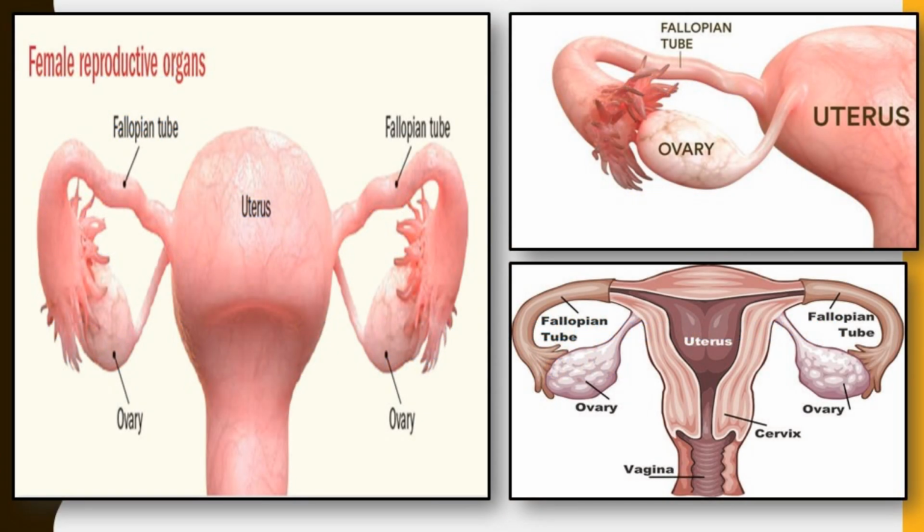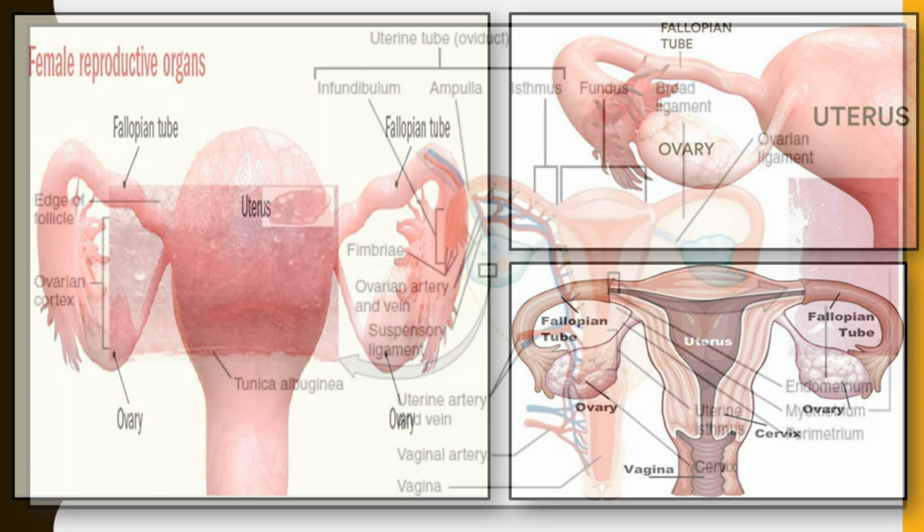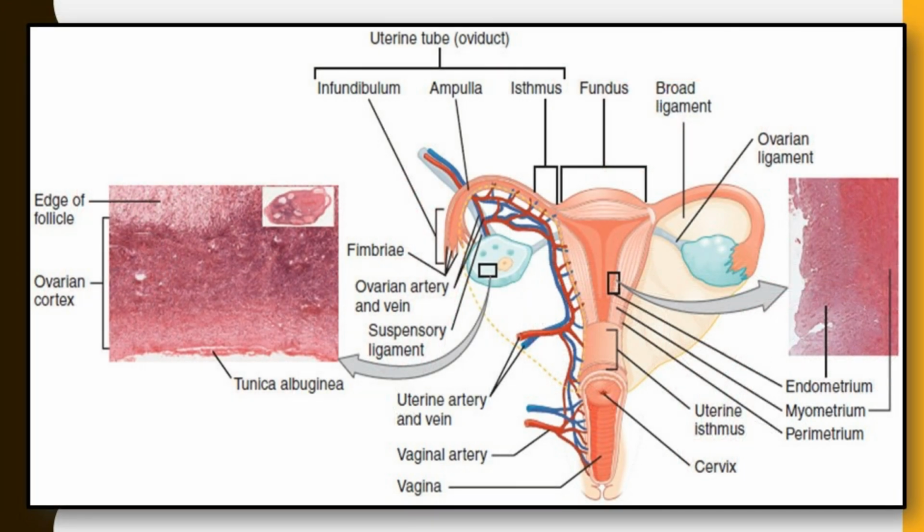The next part is the uterus. Uterus is single and it is also called womb. The shape of the uterus is like an inverted pear. It is supported by ligaments attached to the pelvic wall. The uterus opens into the vagina through a narrow cervix. The cavity of the cervix is called cervical canal, which along with the vagina forms the birth canal.